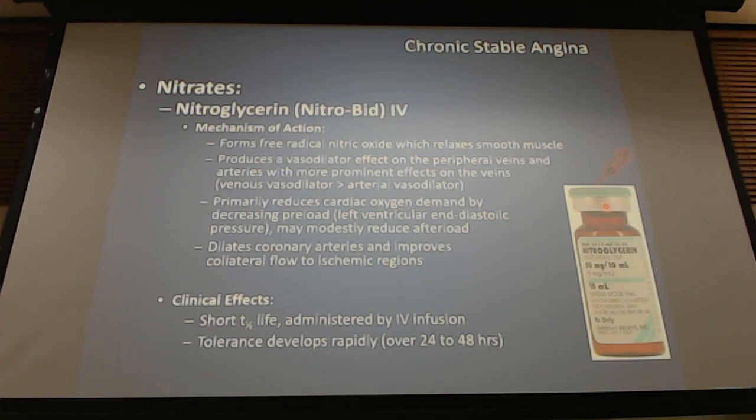Short half-life for this medication, just like most of the other ones we talked about, and then that tolerance. Because remember, I told you already, it doesn't matter what formulation of the nitroglycerin or any of my nitrates you give me, I can develop tolerance to all of them typically within 24 hours. It can go up to 48 hours, but typically it's that 24 hours that we'll see this.